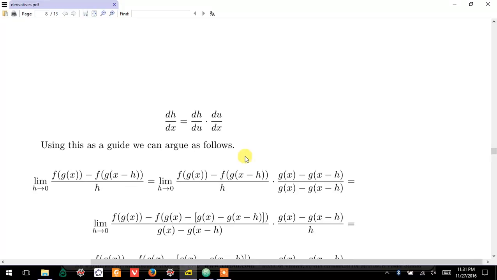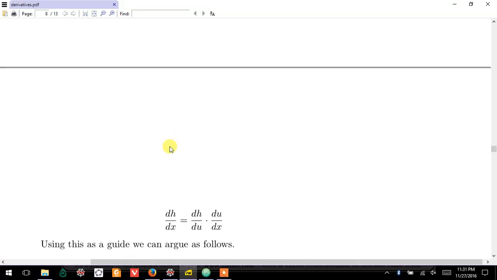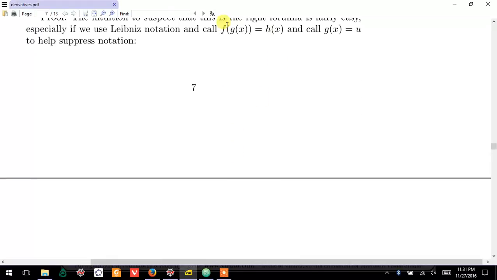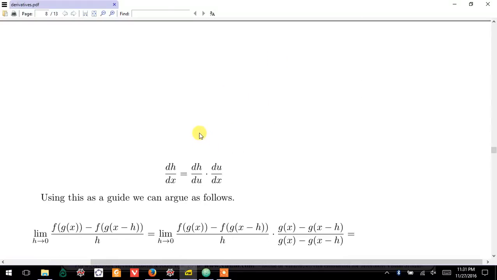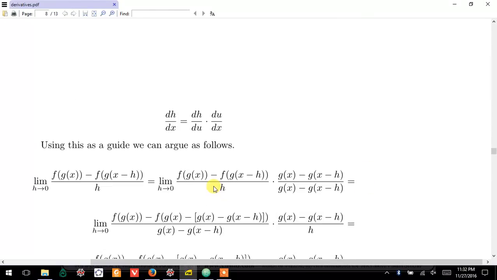The rule can be somewhat intuitively justified or motivated by using Leibniz notation. In the derivative, I'm calling f of g of x, I'm calling that h of x, just to keep things simple, right? Use the fewest number of symbols that I can use to keep the picture clean. And I'm calling g of x equal to u.